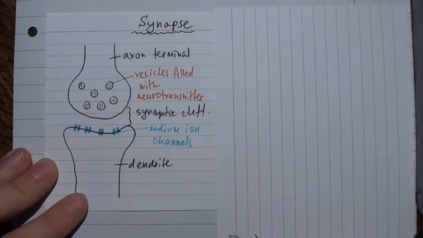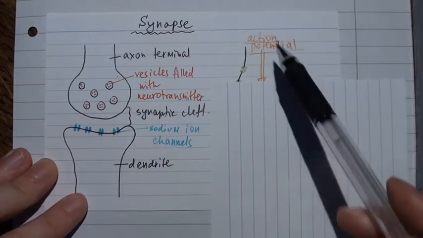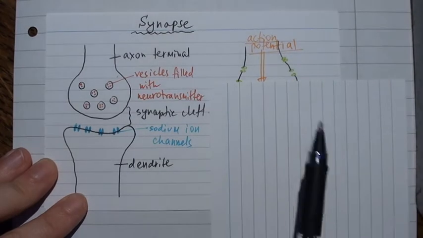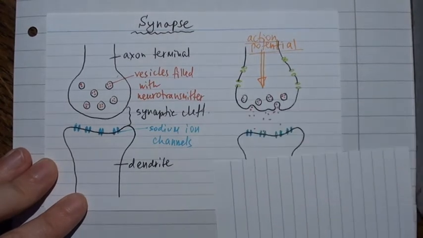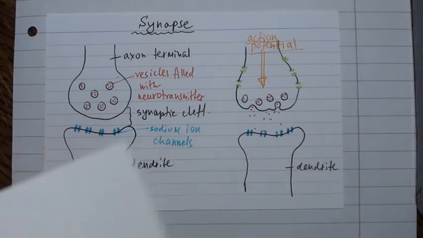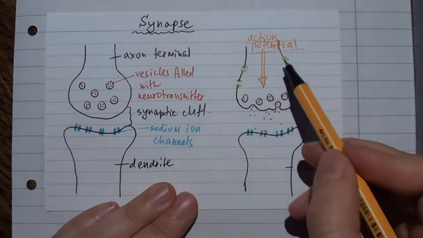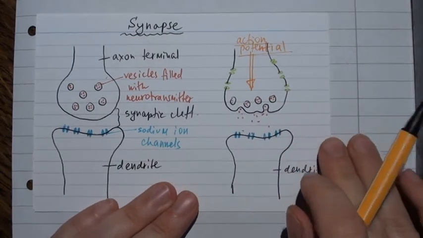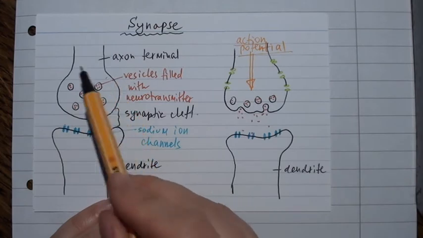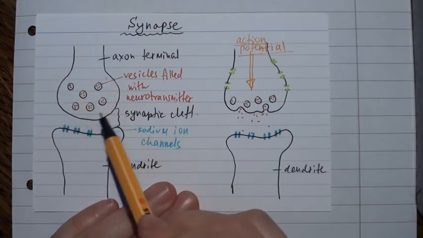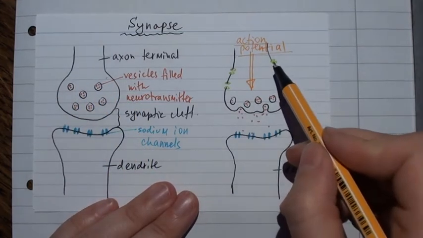So what happens? When you've got an action potential coming in to the axon, it is acting on that axon. And what actually happens is you have another type of channel here in the axon terminal. I didn't draw them here because I didn't want to overcomplicate it with too many labels, but I've drawn them on this picture.